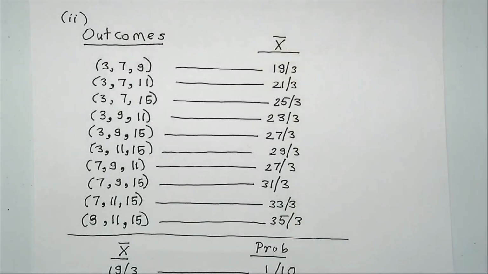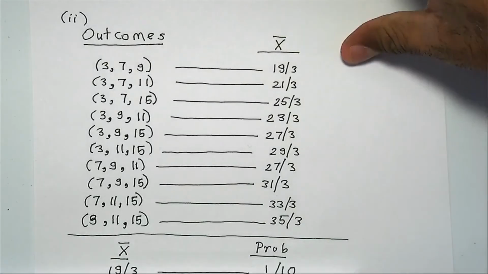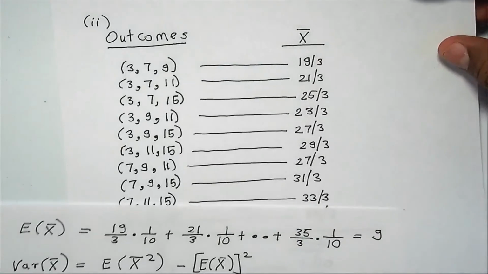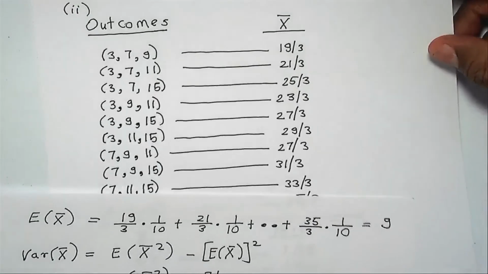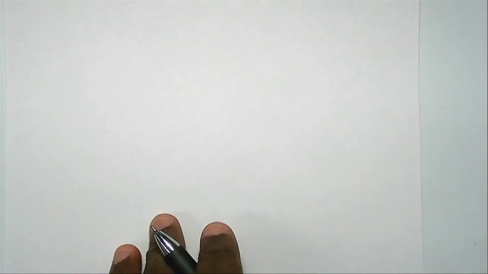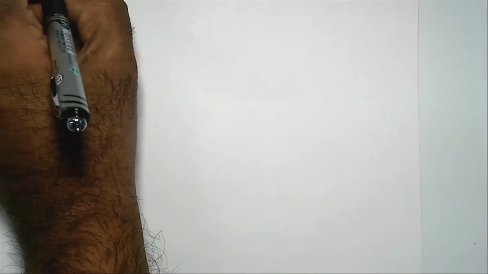Right. So let me redraw the table. All right, I think it's best to start on a new page. All right, let's start on a new page, guys, so I don't want to confuse you guys. So this is part 3 of question 5.